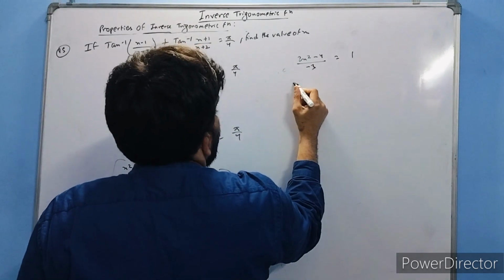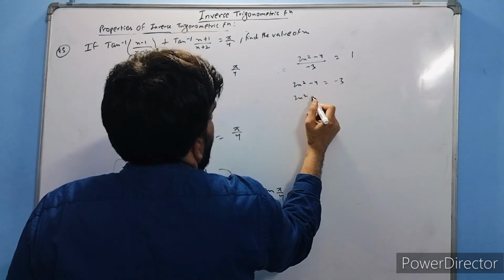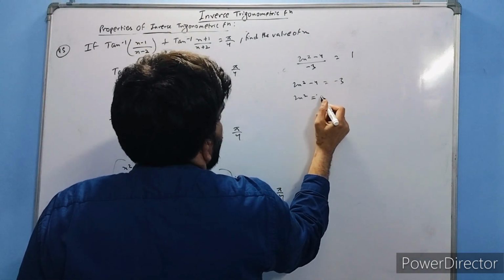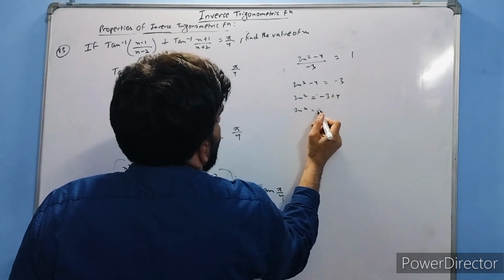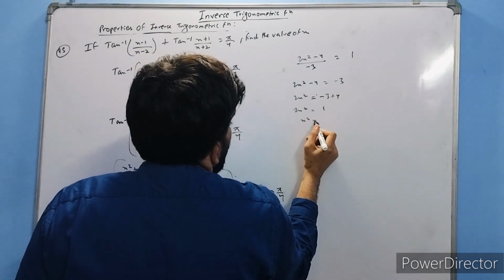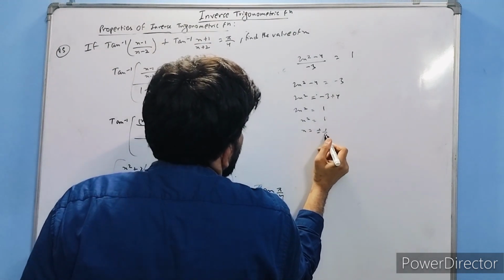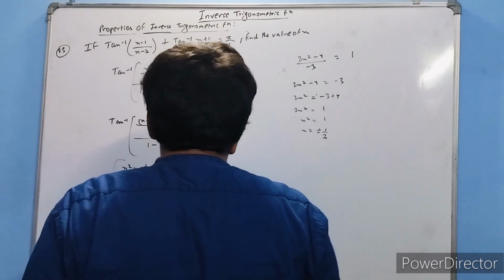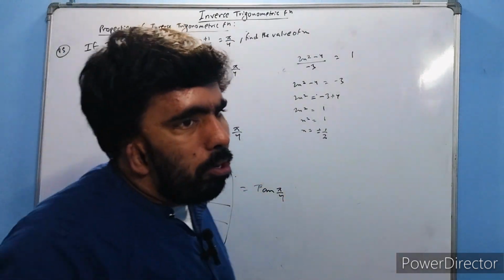So I can take 2x square minus 4 is equal to minus 3. 2x square is equal to minus 3 plus 4, so we have 2x square is equal to 1. We have x square is equal to 1 by 2, so x is equal to plus minus half. That is what I got as my exact value for this question.